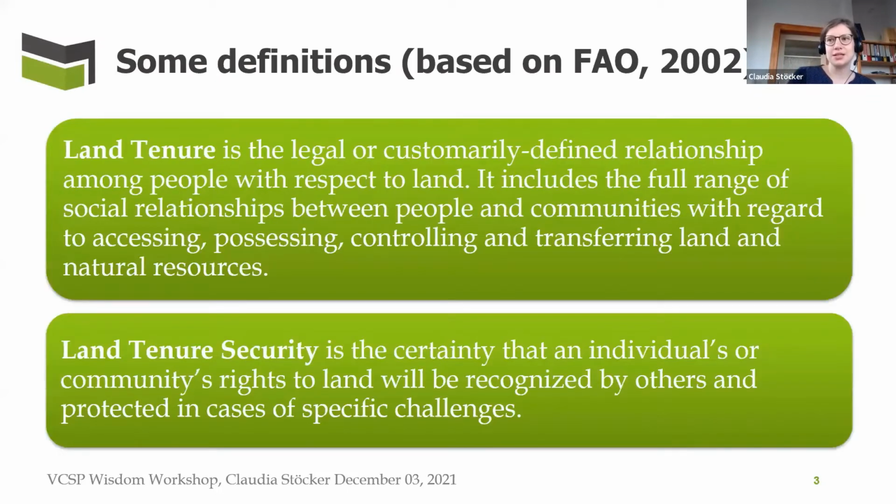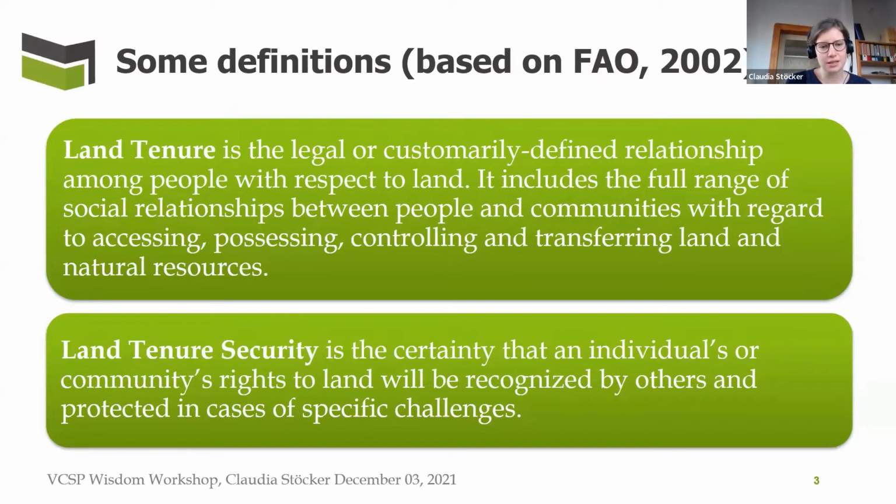So land tenure, as defined by the FAO in 2002, is the legal or customarily defined relationship among people with respect to land. This can be individuals or groups of people. And it includes the full range of social relationships between people and communities with regard to accessing, possessing, controlling, and transferring land and natural resources.